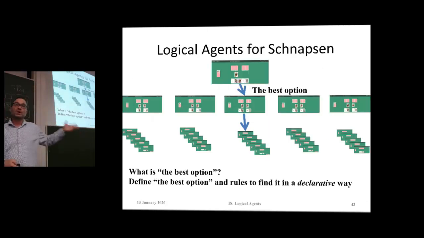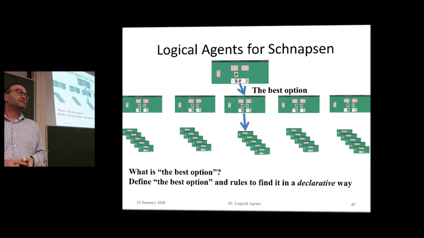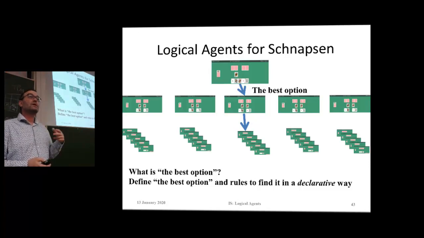So what we also want to do now is to look into different ways of representing the rules of the Schnapsen game, and that is basically part of milestone 3. There you can run a satisfiability solver that calculates automatically whether things are satisfiable, and that allows you to do entailment, and I'll explain tomorrow how that works.